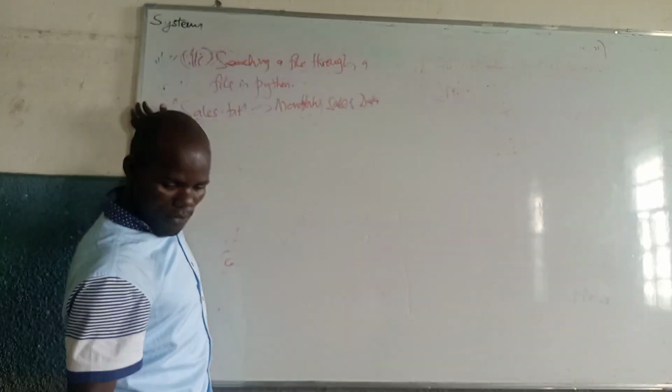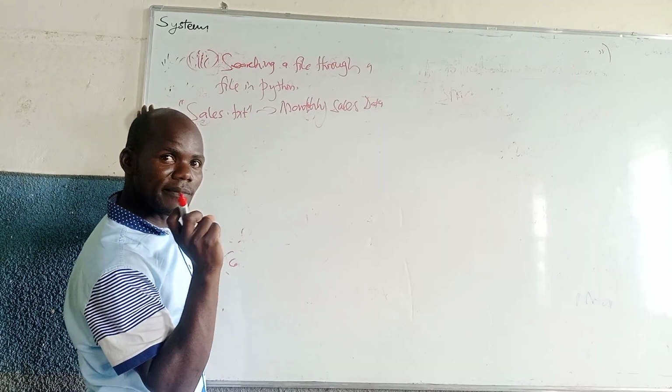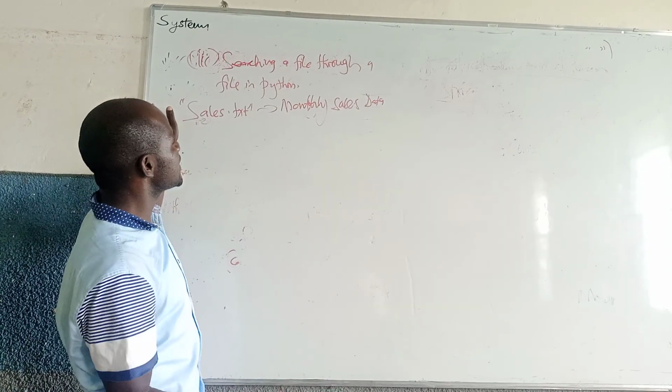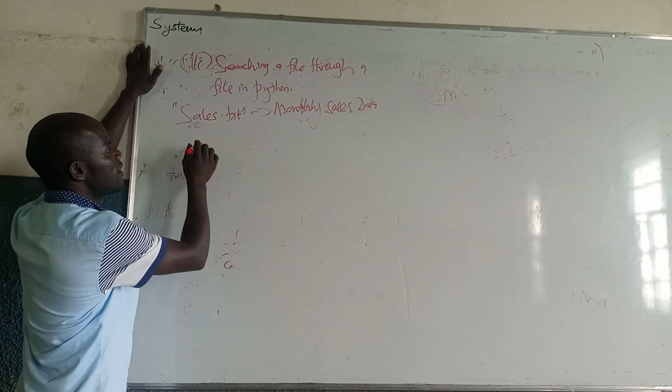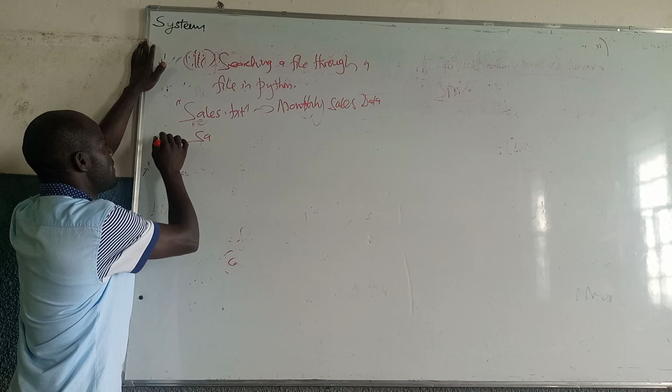Then I want the sales data of a specific item, for instance the price for a bag of salt.